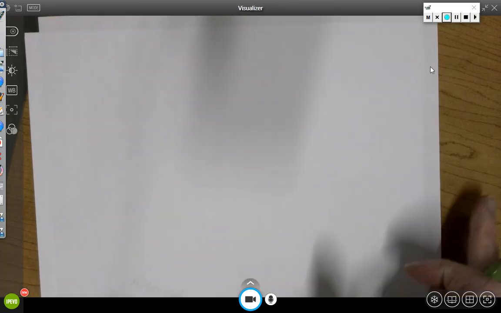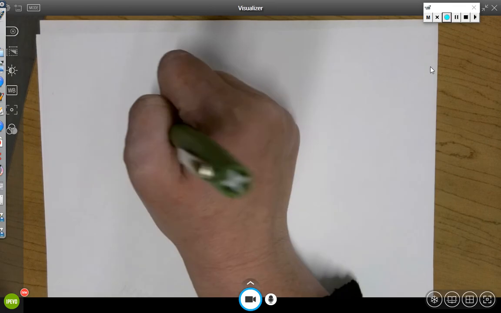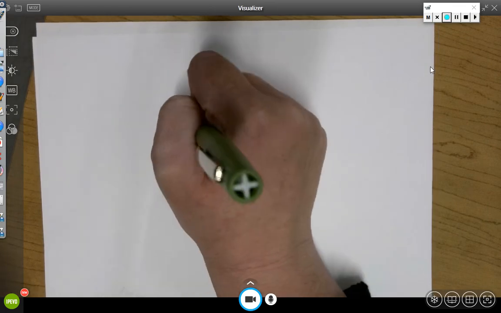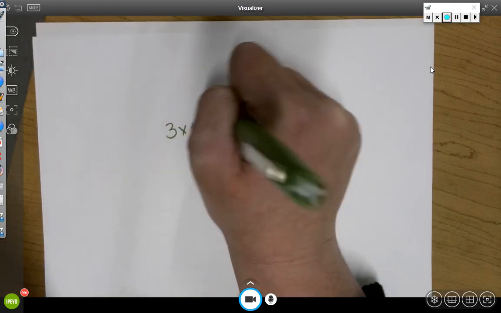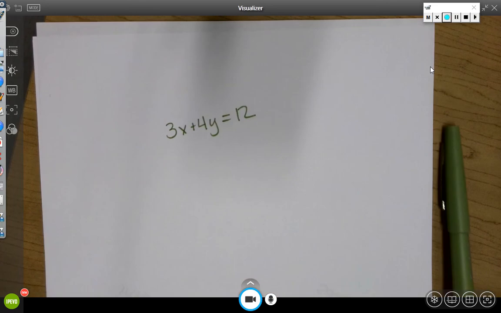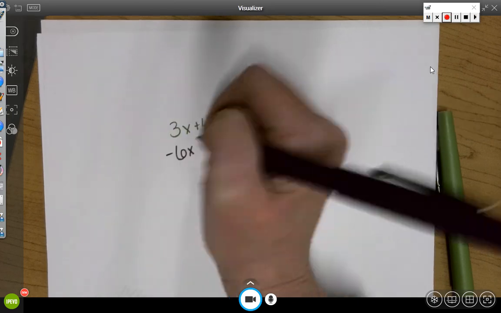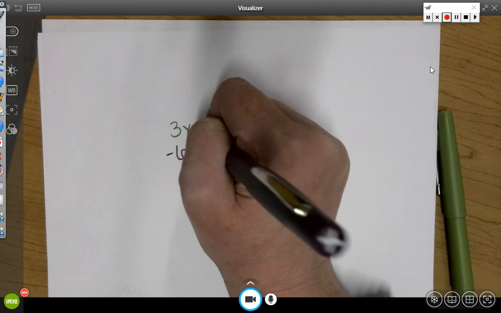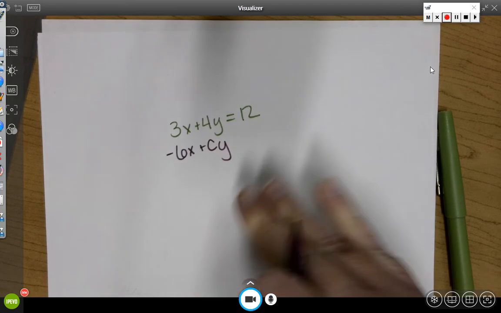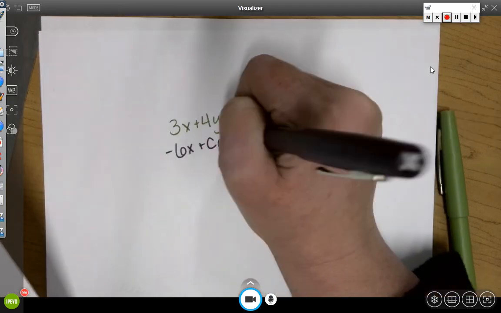So we have a system. We have 3x plus 4y equals 12. Now this is on your Bell packet for classifying systems. This is actually a question that is on your final. Not the exact numbers. Y'all know I'm not going to give you the exact problem.